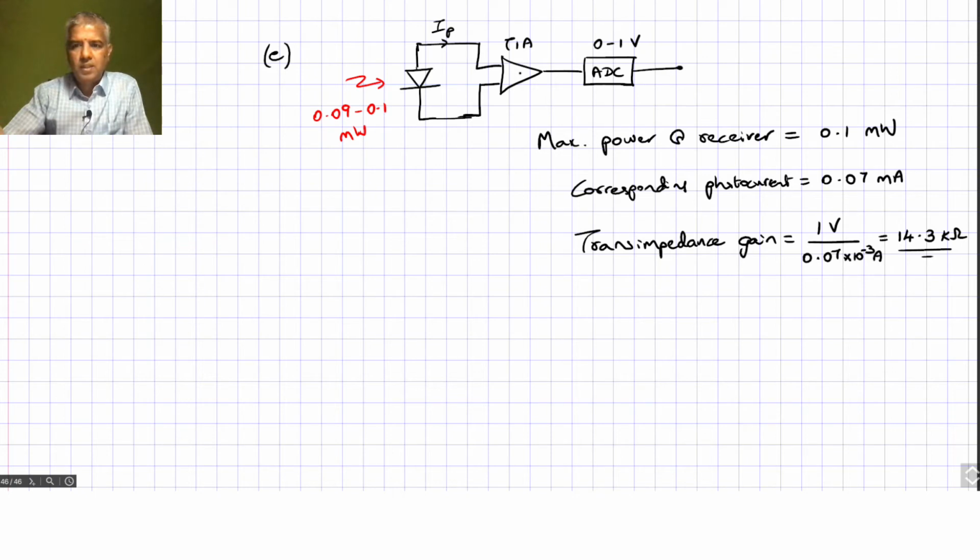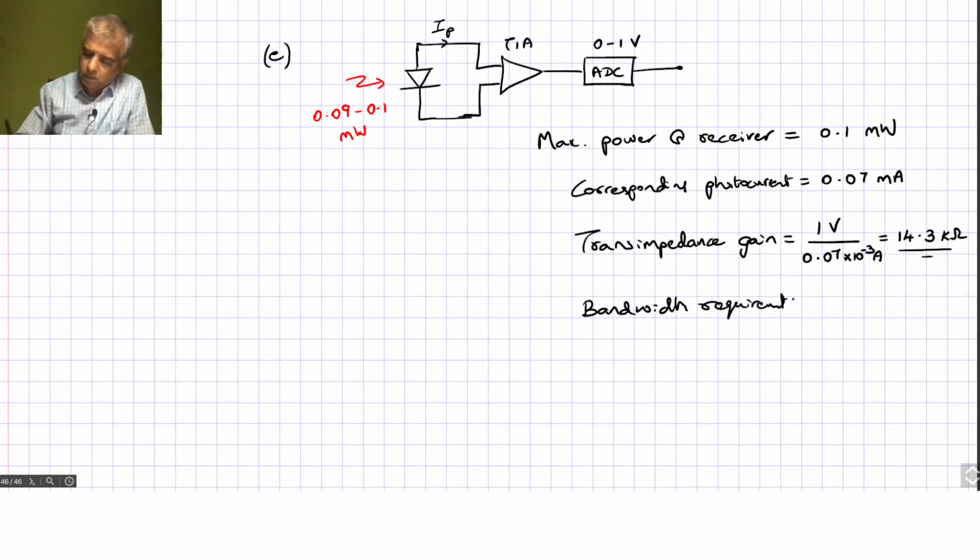Especially it's not just the transimpedance gain but also the bandwidth requirement. In our case, we are required to do only 10 measurements per second. Okay, that is the requirement. So we don't need much more than 10 hertz. The information that we want to capture is not beyond 10 hertz type of frequency.